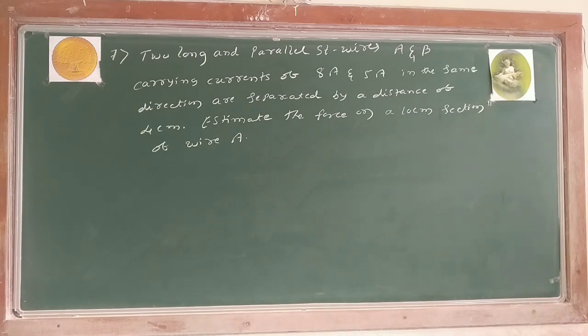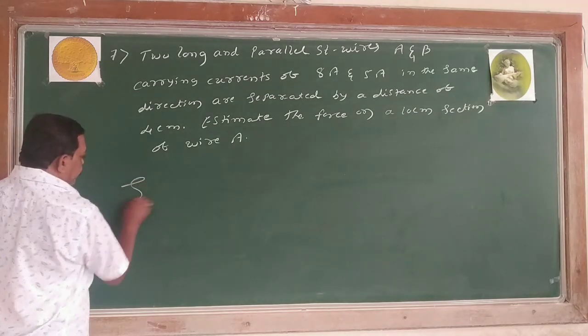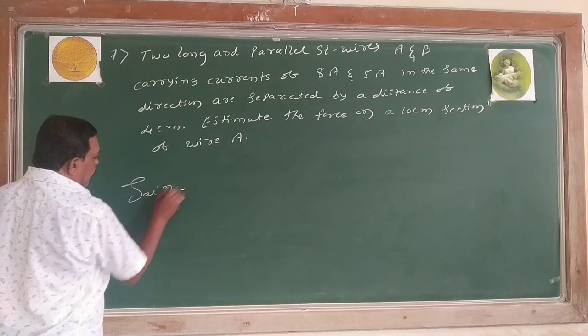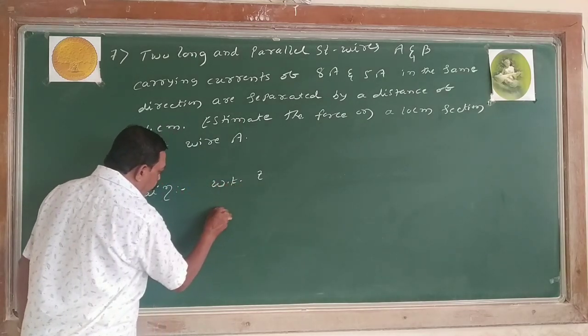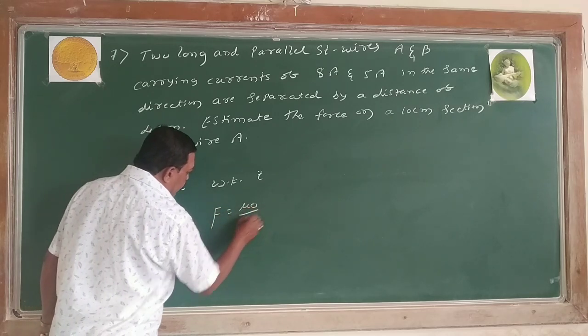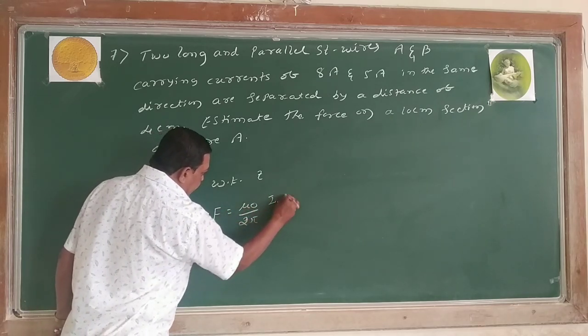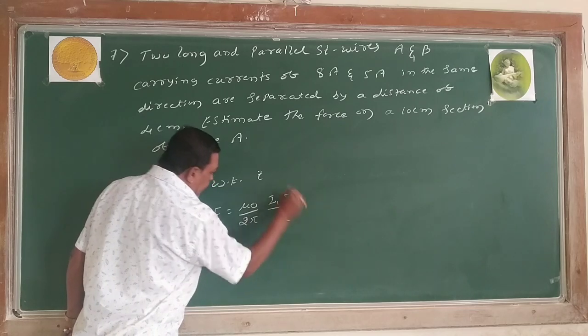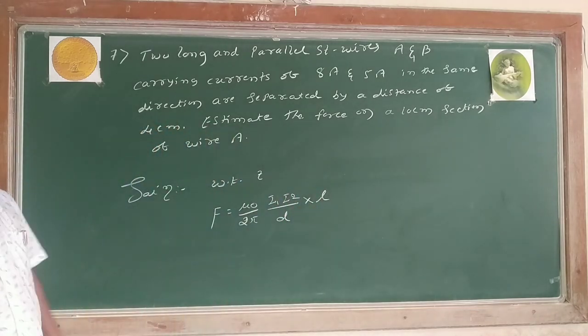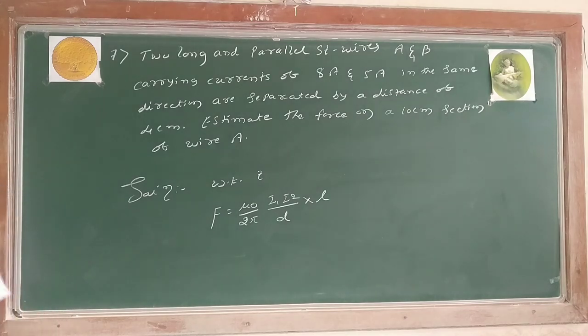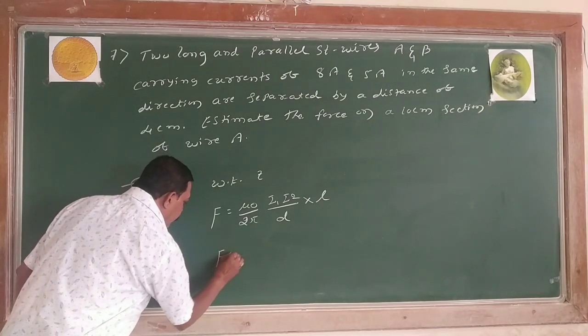Solution. We know that force F equals to mu naught divided by 2 pi, product of the currents divided by distance, into length. Length of what? Wire A. Then shall I write F equals to, is it 2 into 10 to the power of minus 7?